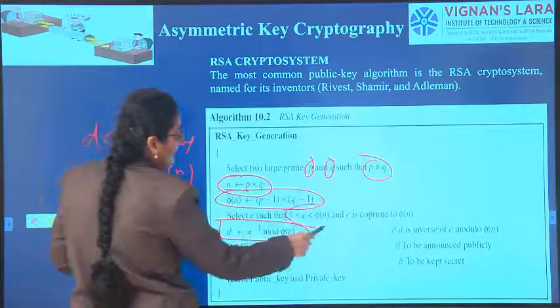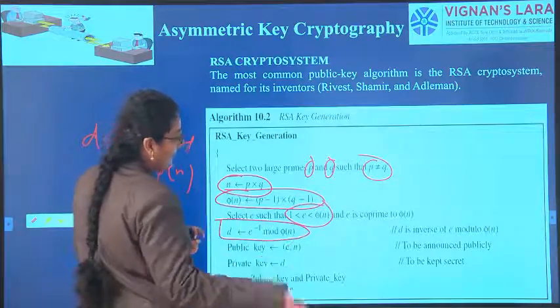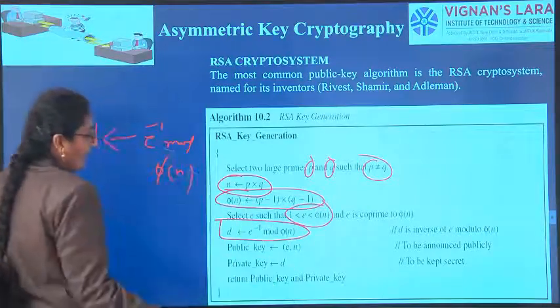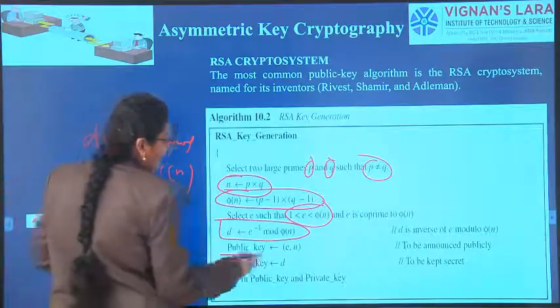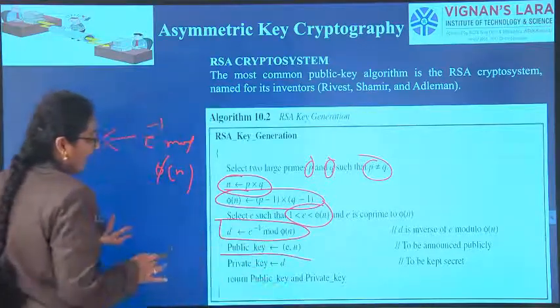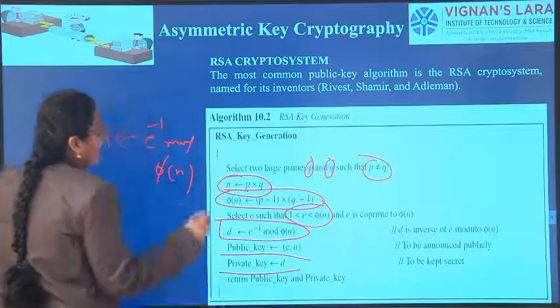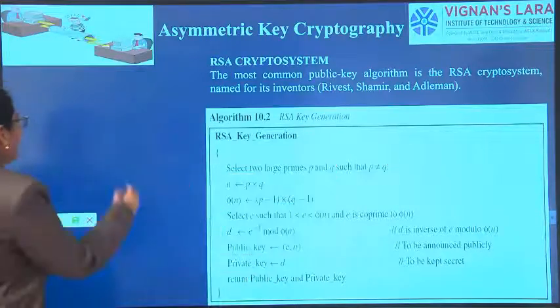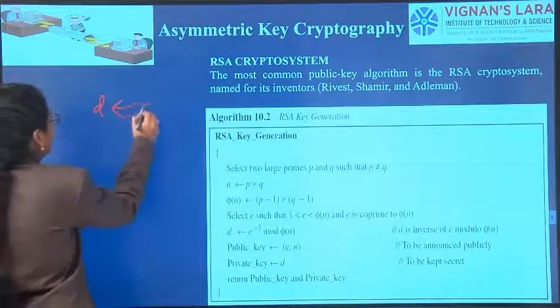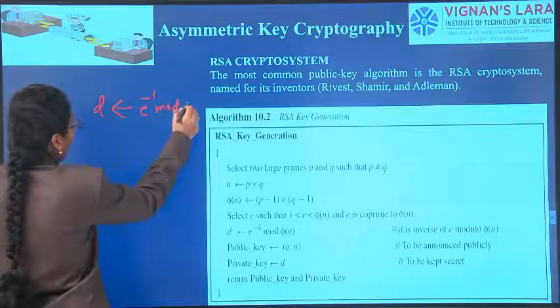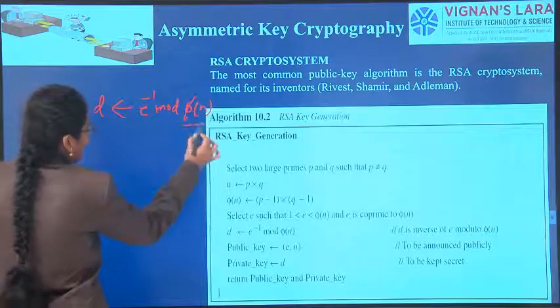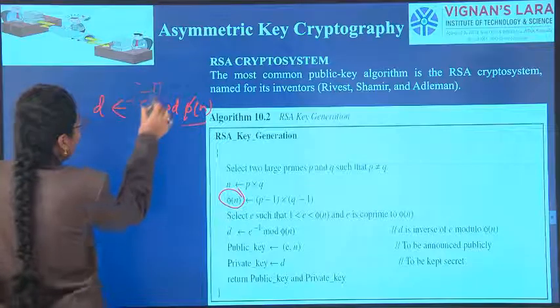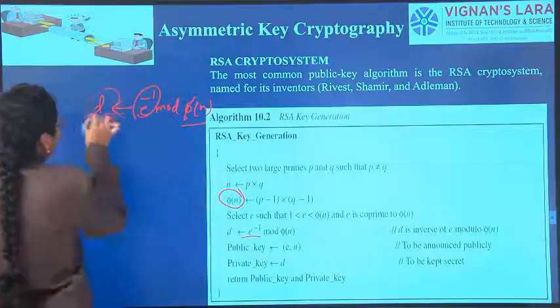We have selected E such that 1 less than E less than phi of N. Now we have all the values. The public key is E comma N. The private key is D, and for calculating D the formula is D equals E inverse mod phi of N. You know phi of N and E inverse, so you can calculate D.